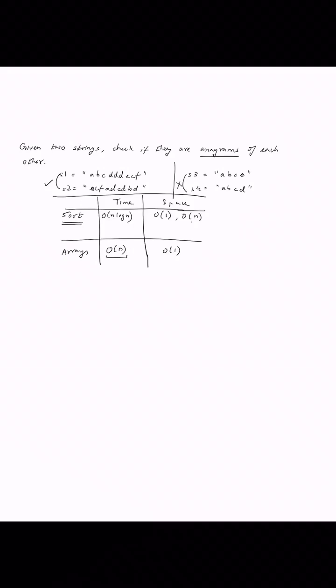We'll describe in a little more detail how you could leverage arrays to achieve this combo of complexities for time and space. Now, there are a few things that you need to keep in mind when you think about using arrays, which is how big should the array be?